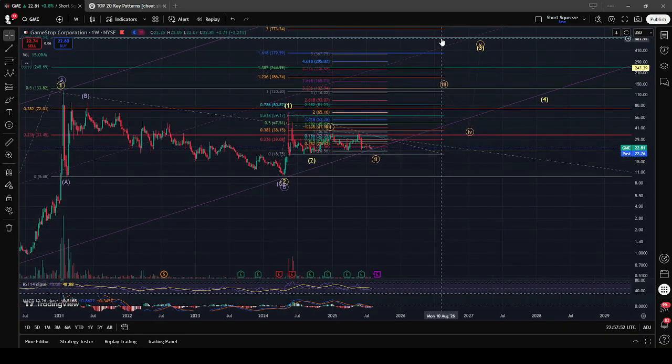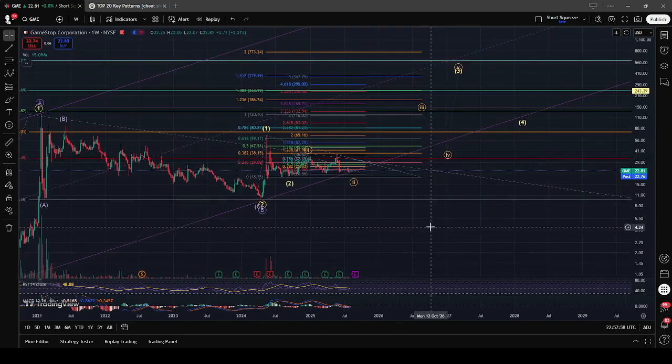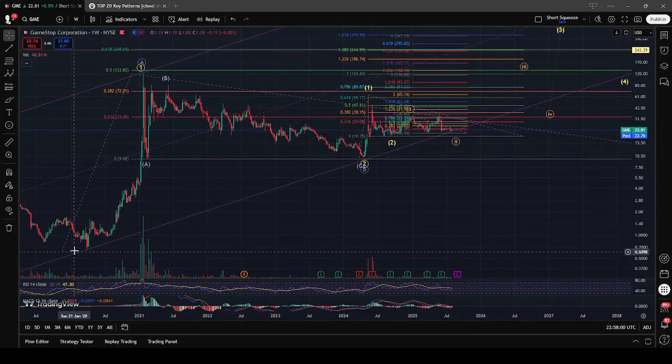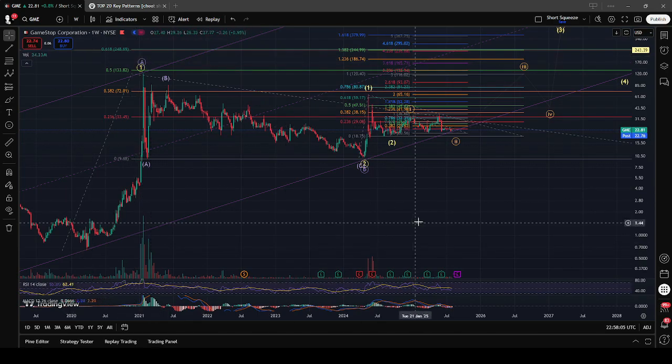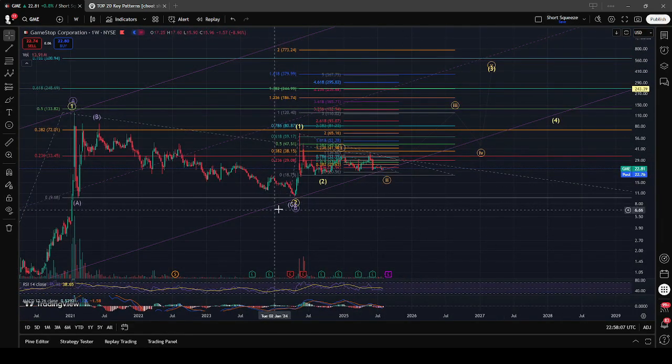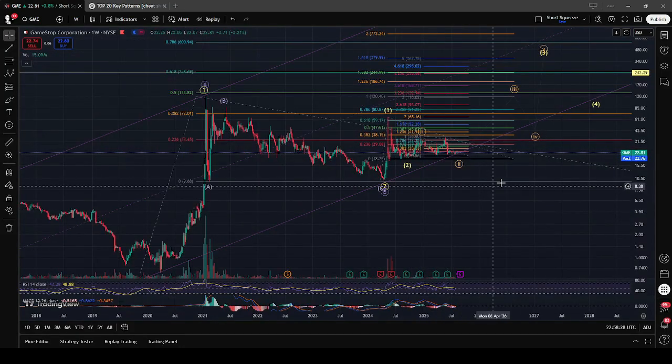If it is a third wave in an impulse, it would also be subdivided into 5. So regardless of whether this is an A or a 1, it wouldn't really matter that much. It's just one thing to keep in mind.